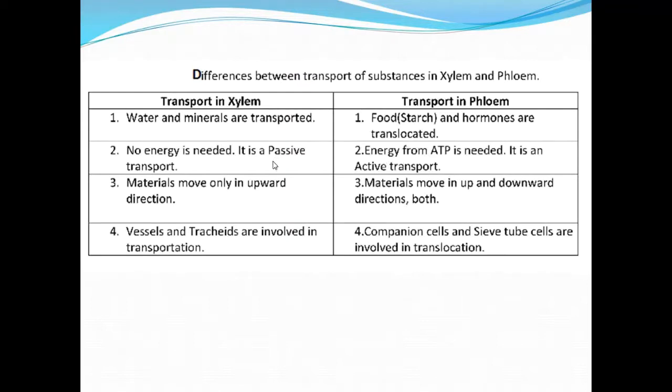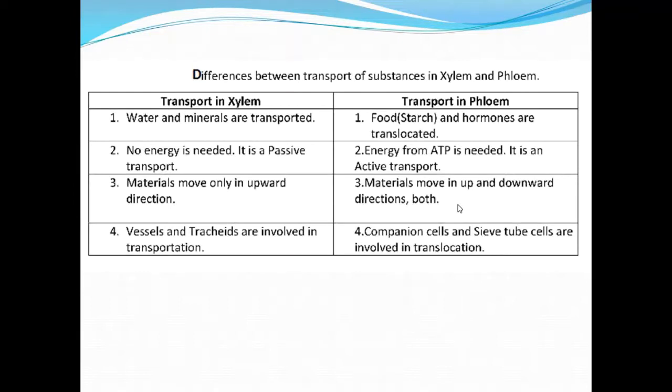In the xylem, it was a passive process since no energy requirement was there. Only the suction force which the transpiration was creating, or we say the transpiration pull, was enough for the water column to rise up. But in this case, ATP is required and materials move both in upward and downward direction.